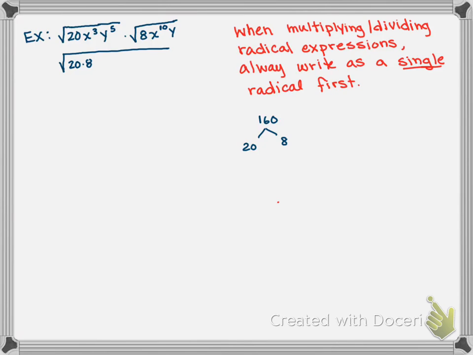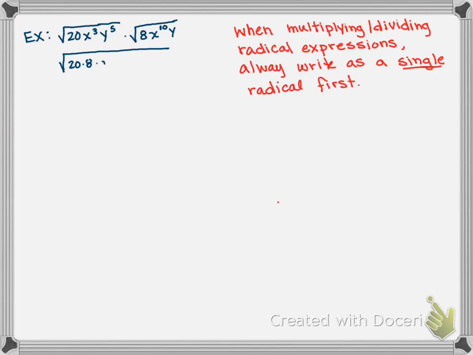So I might as well just leave it as 20 and 8 and break down 20 and 8 from the start instead of getting a bigger number. I mean, 160 is not that bad, but we could end up with a really nasty number, so we might as well just break them down individually and combine all the factors than actually get a big number and try to break that down. But I do want to count up all the factors of x and y.